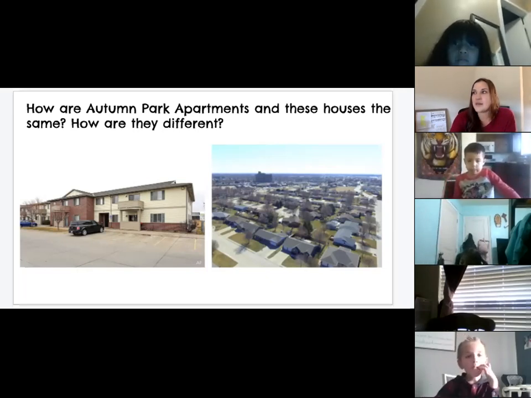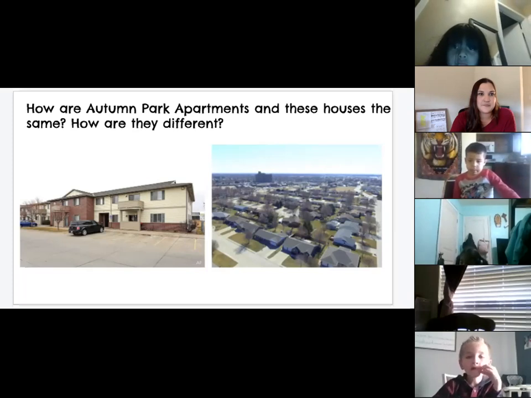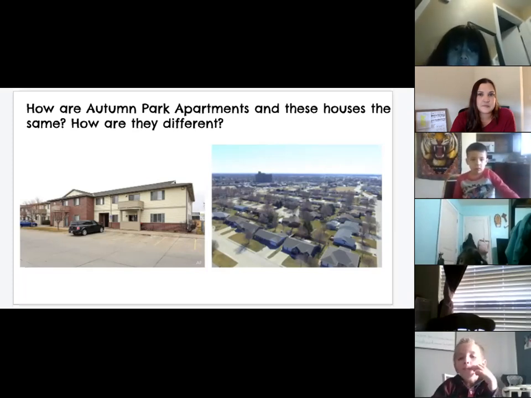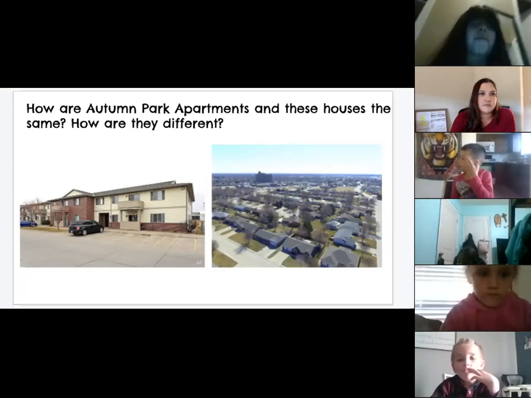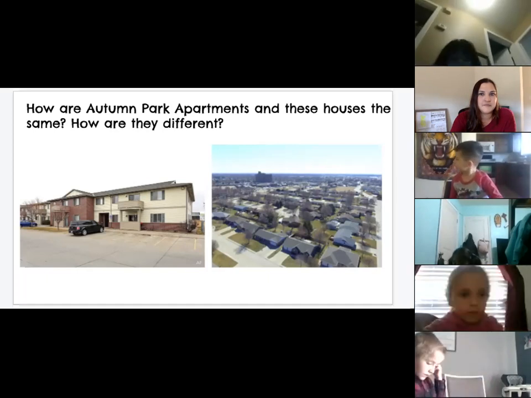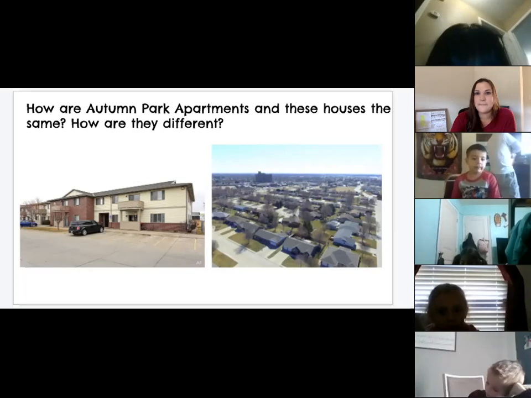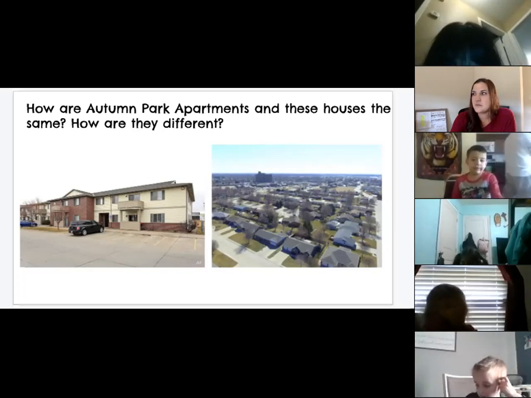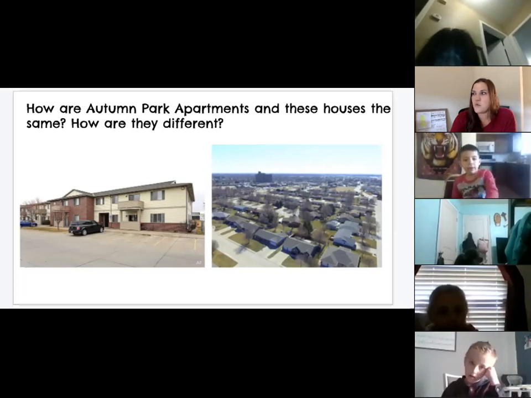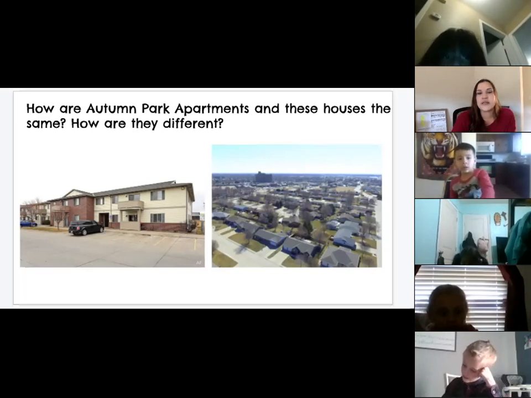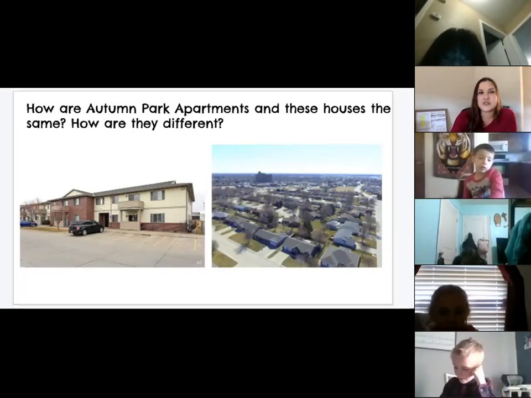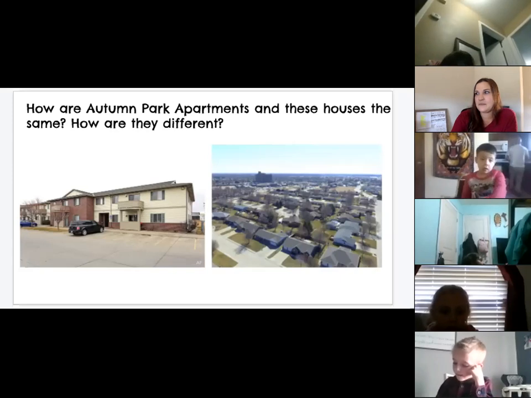Galilea, what is something about these places that are the same? Because the other one doesn't have leaves, and the other one has leaves. Oh, let's look at what we can see that's the same. What do we observe about them that's the same?